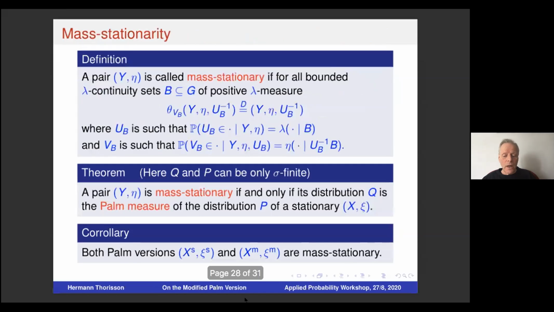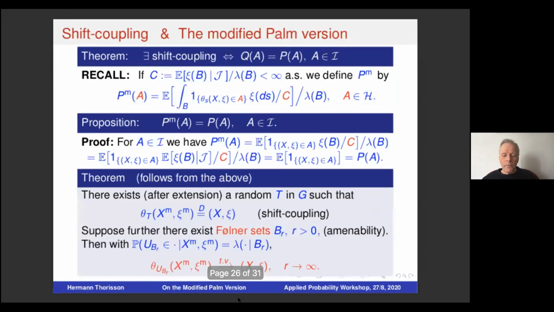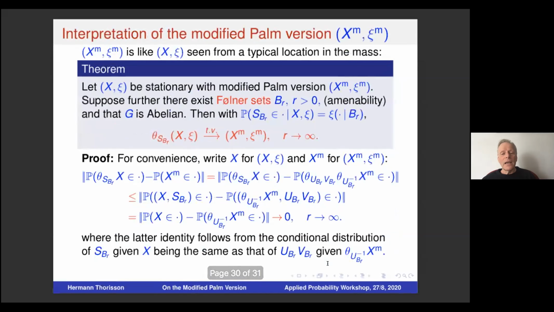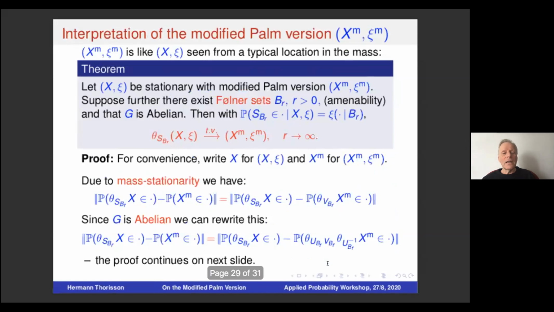On this one we can apply this result, but we need to have an abelian group for that, because that's the way to rewrite this V in this way. Couldn't do it in general.